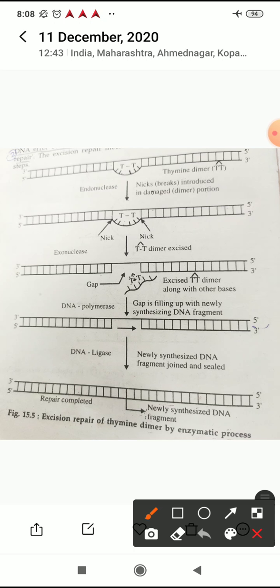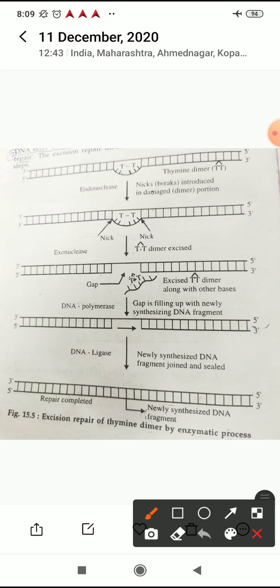So the dimer, having part of the DNA, is excised, and the DNA gets repaired. Such a DNA error correcting mechanism we can call excision repair or dark repair. So how it takes place here, we will see in brief.